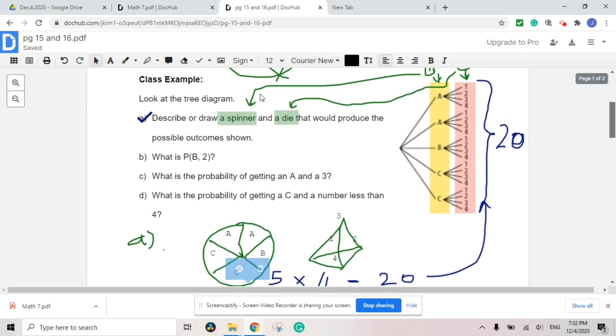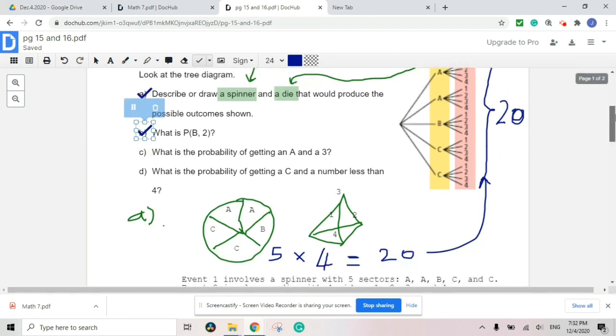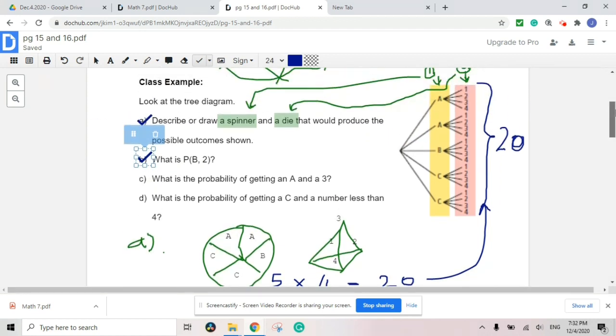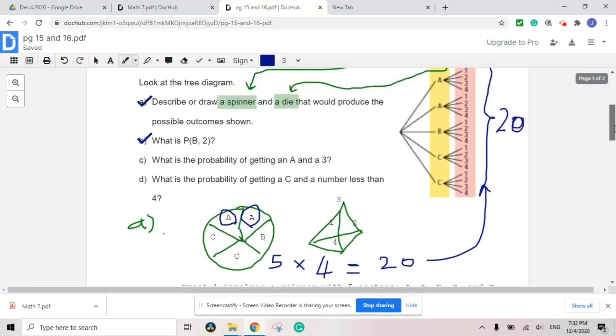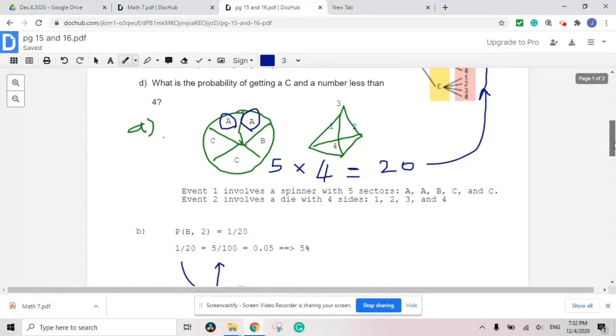Now what's next? C. What is the probability of getting A and 3? As you may notice, now things are a little tricky because when it comes to A, I have double the possibility. So A and 2, A and 3.